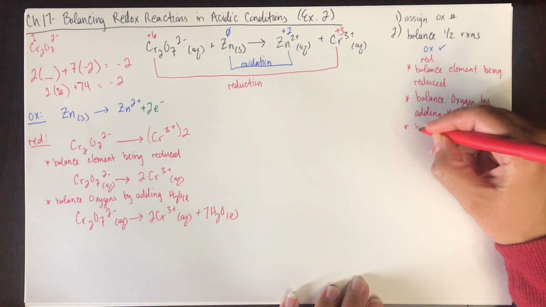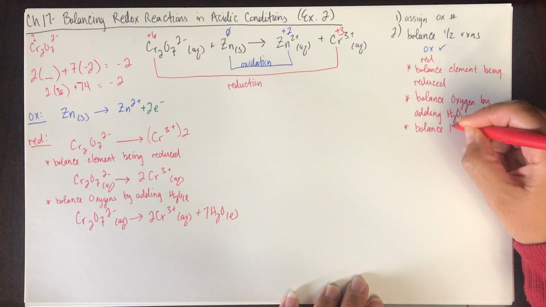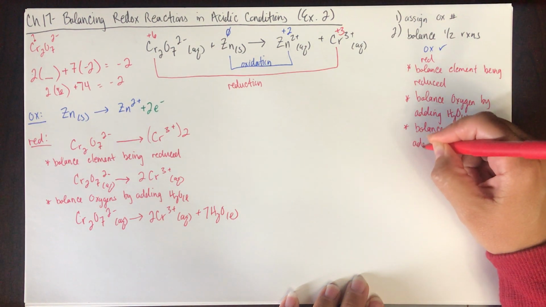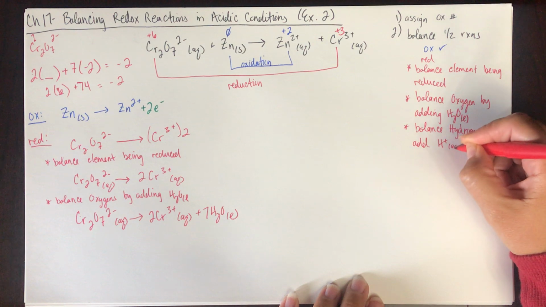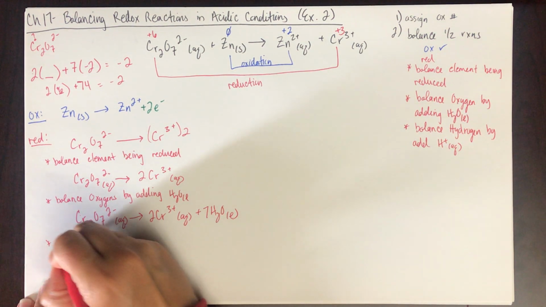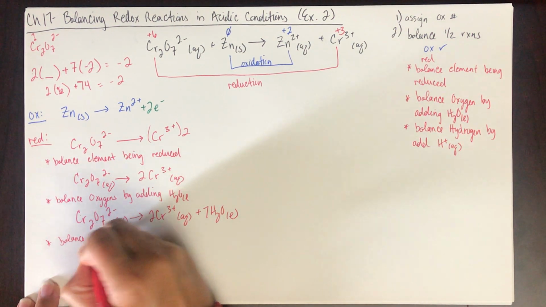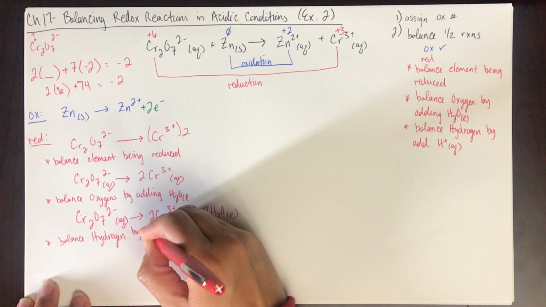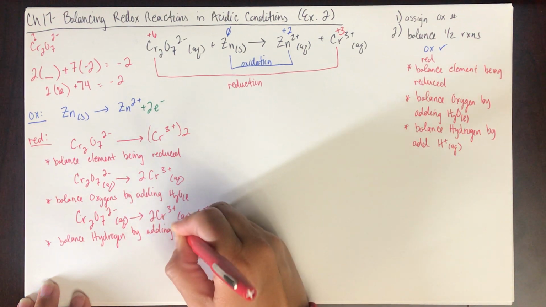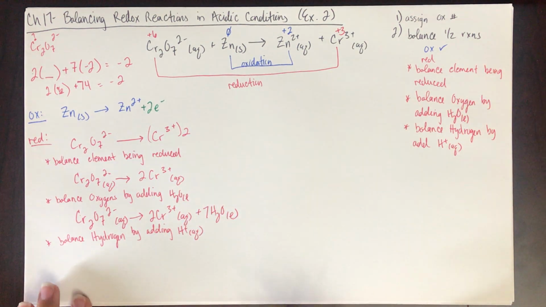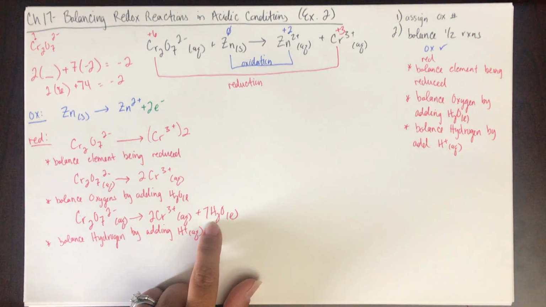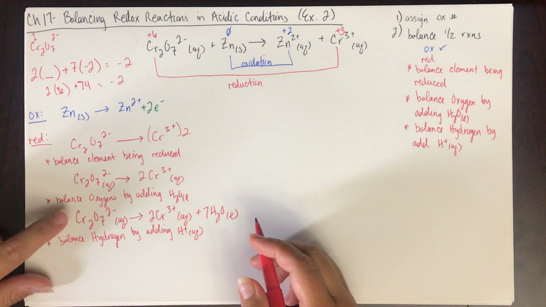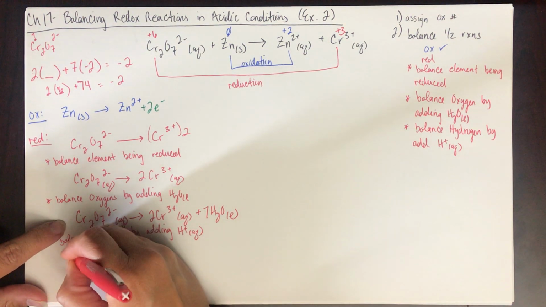Now the next thing I'm going to do is balance hydrogen by adding hydrogen ions, aqueous. This side has 14 hydrogen ions, which means I need to add 14 hydrogen ions to my reactant side.